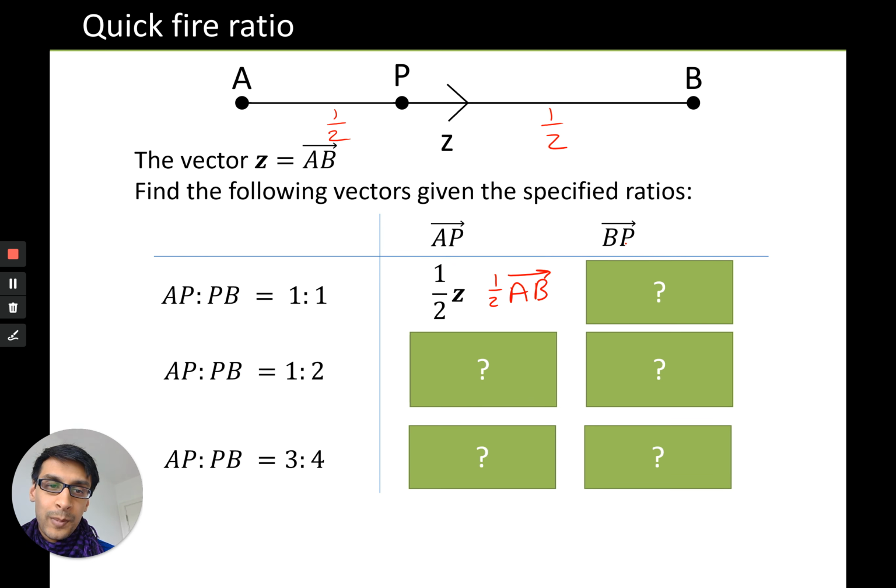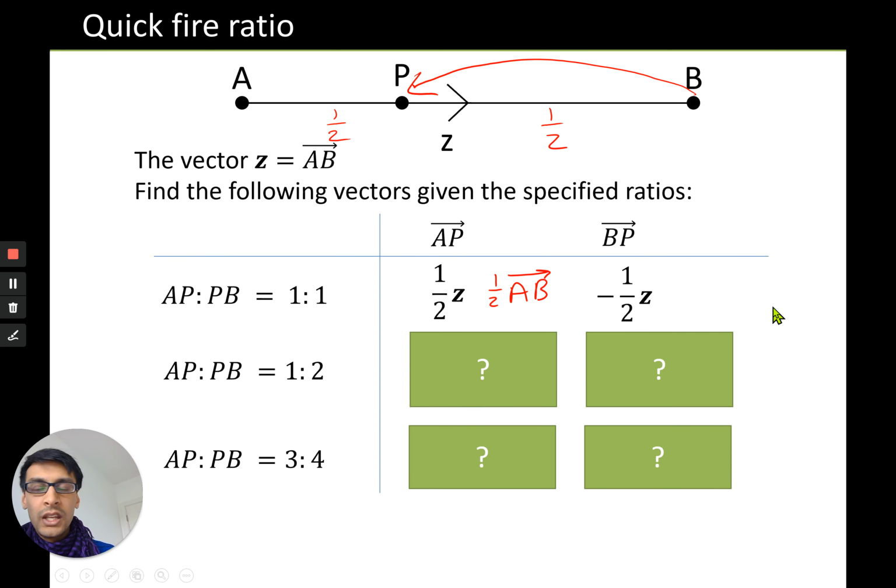Now, BP, so this time we're going back from B to P. So we're not going the whole way back, we're going halfway back and in the opposite direction. So it's going to be negative half Z, or negative half BA, because it's half of BA that we want. Okay, pause the video, have a go with just this bit.